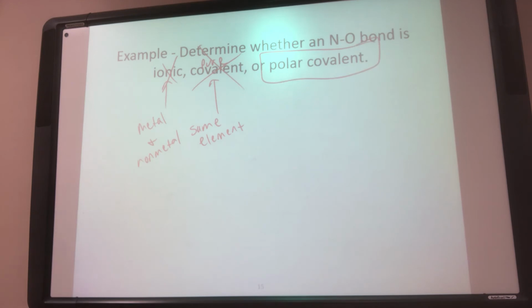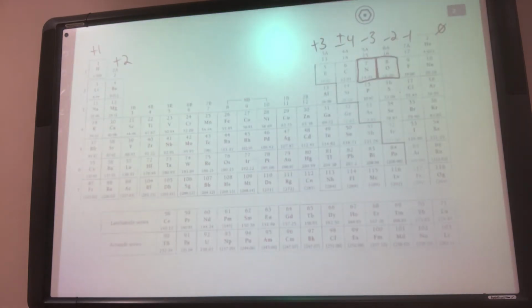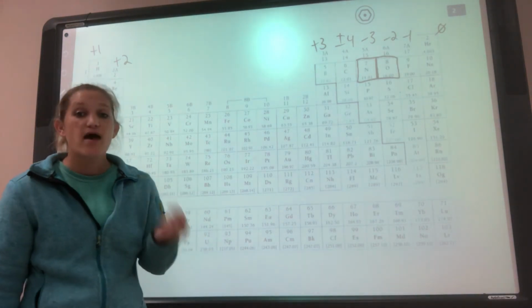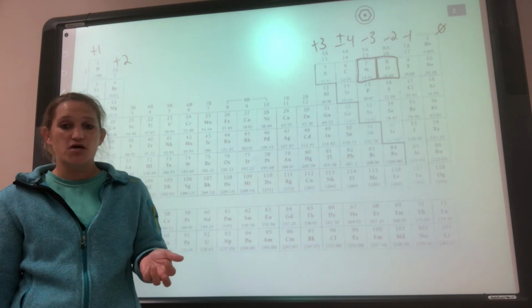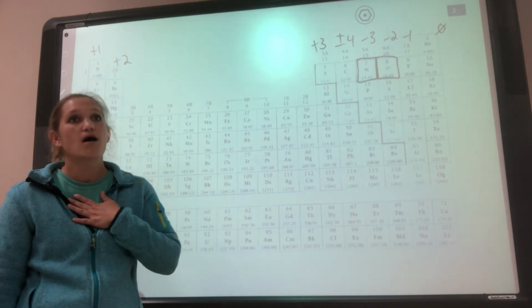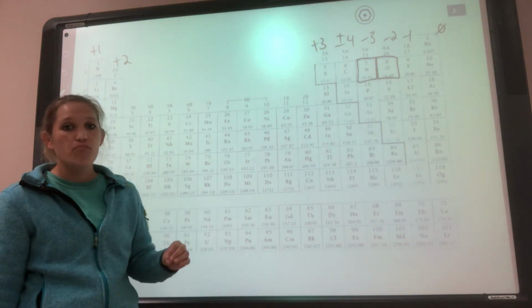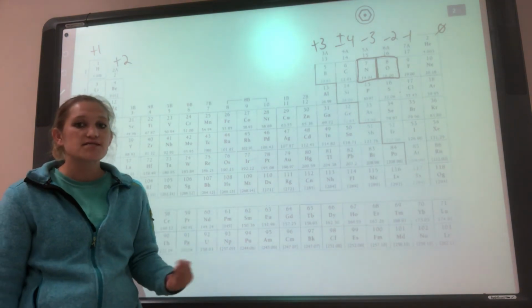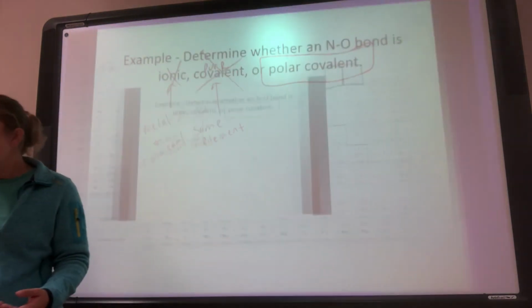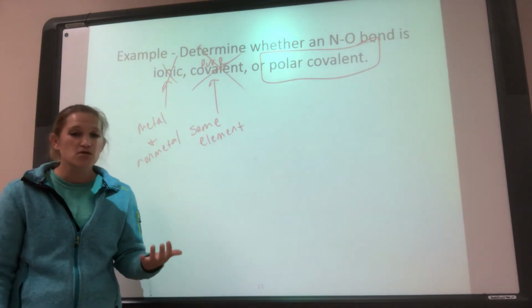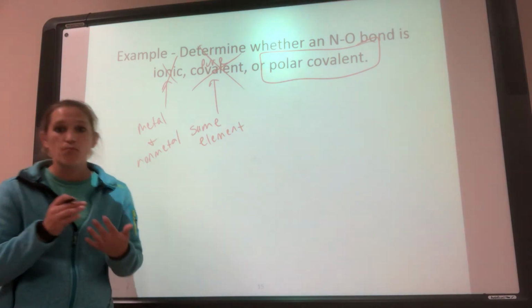Now, you might be wondering, okay, well, I thought you said if they're touching each other, they're pure covalent. Yes, most of the time if they're touching each other, they are non-polar covalent. This is one of the exceptions to the rule, and that's why I didn't give you non-polar as a choice, okay? Sometimes it's hard to tell if it's going to be non-polar or polar.